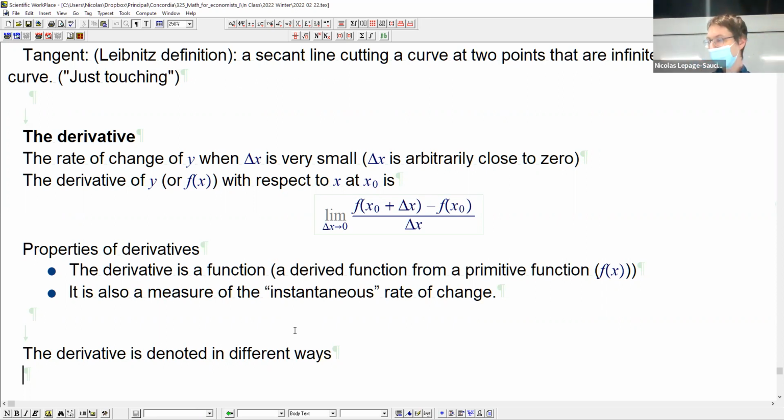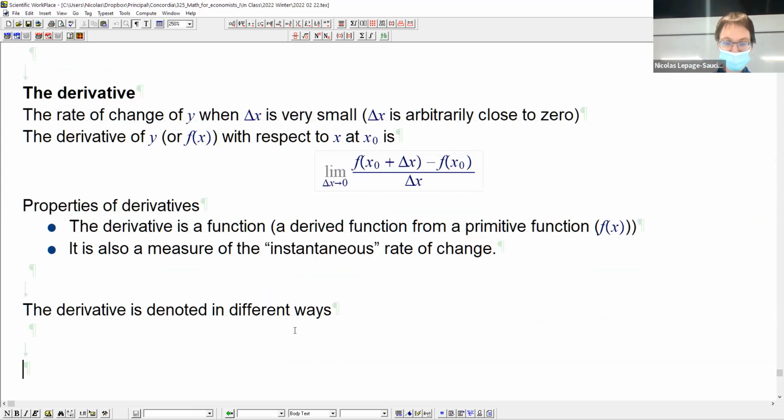All right. So here they are. Given a function y equals f of x, the derivative has different notations.